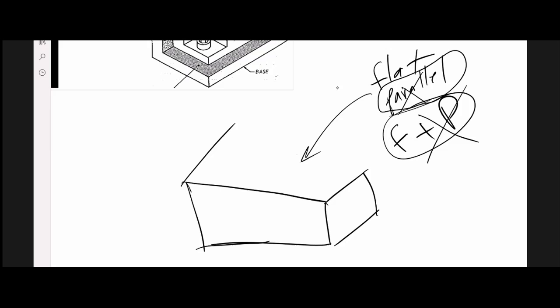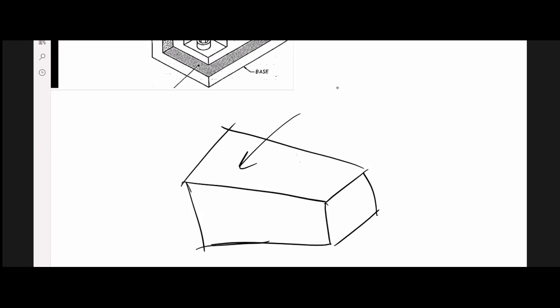I can talk about flatness of this surface without any reference to whether it's parallel to something or perpendicular to something. So basically, tolerances of form don't require any datum because form is not with respect to anything else.